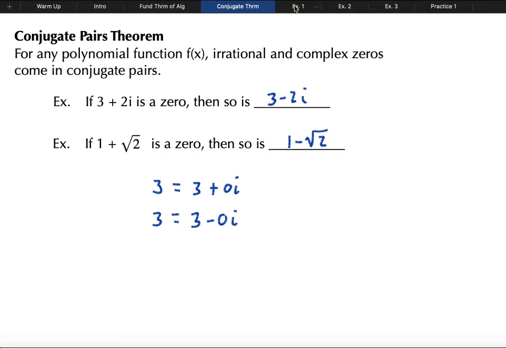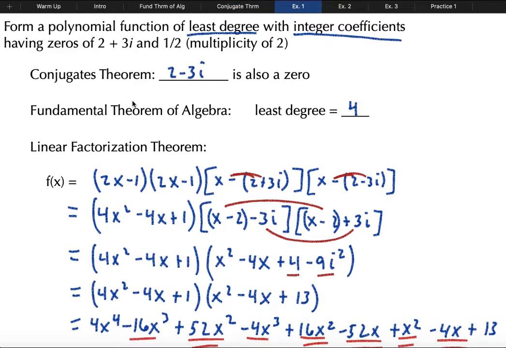So let's get into some different examples where these theorems we've just discussed come into play. Let's form a polynomial function of least degree, meaning the smallest degree possible, with integer coefficients, meaning no fractions and no decimals for our coefficients, that has zeros of 2 plus 3i and 1/2 where the multiplicity is 2.